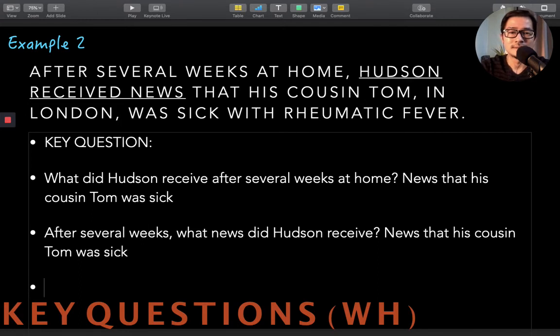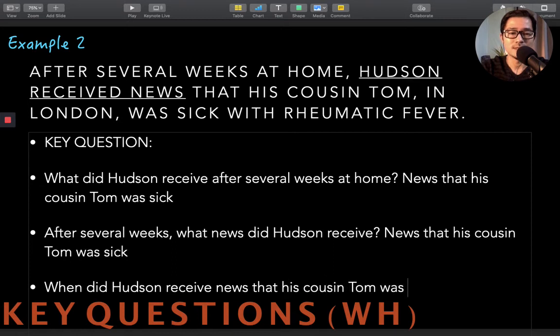So I can say when. So again, when did Hudson receive news that his cousin Tom was sick? The answer would be after several weeks.